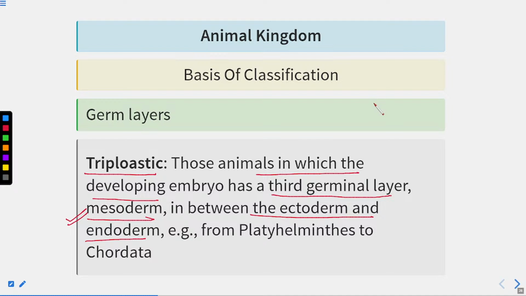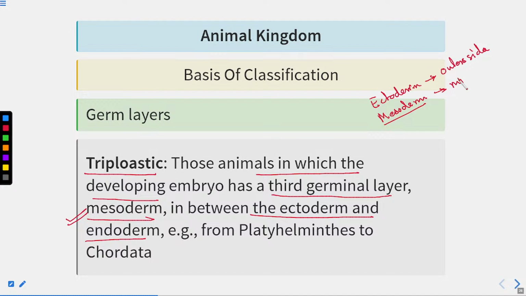So they have ectoderm on the outer side, and mesoderm. Now the mesoderm here is not a mesoglea. They have well organized cells, and they form a layer that is called mesoderm.